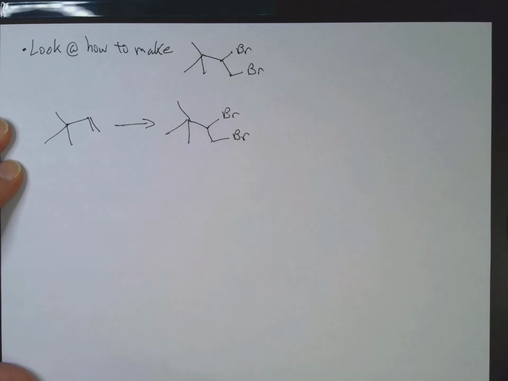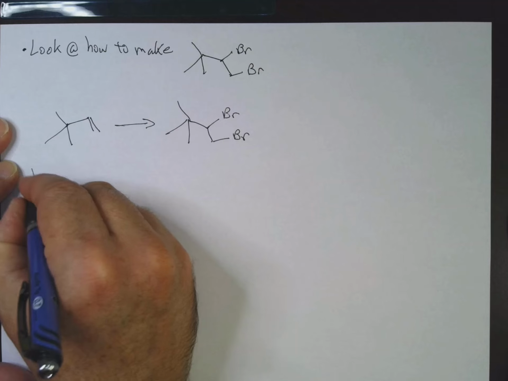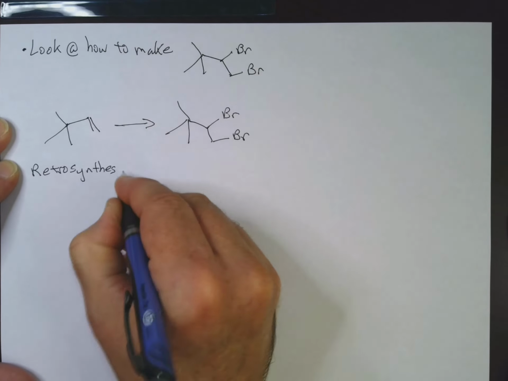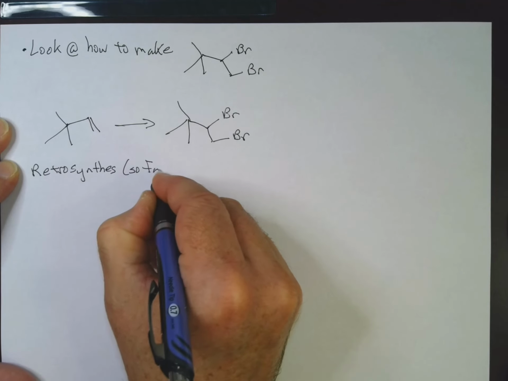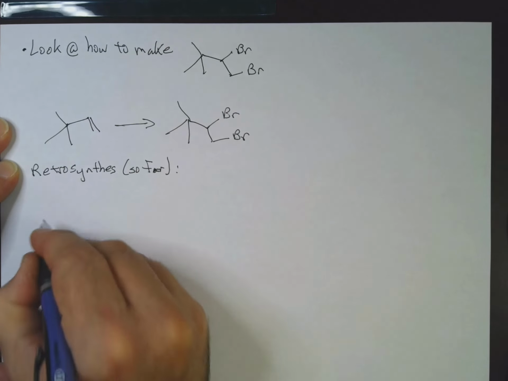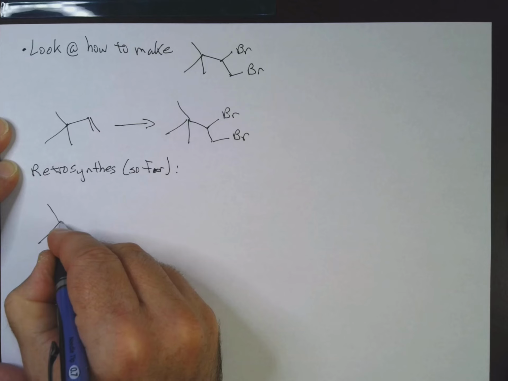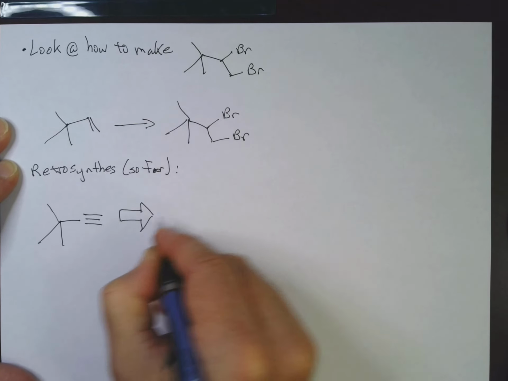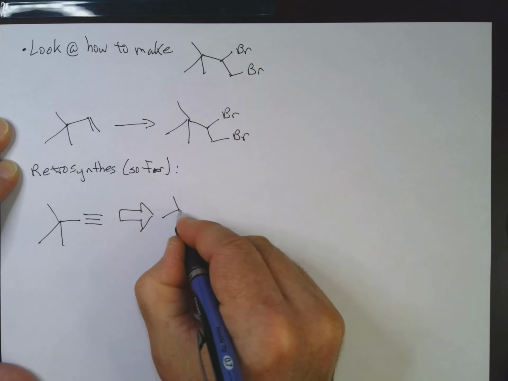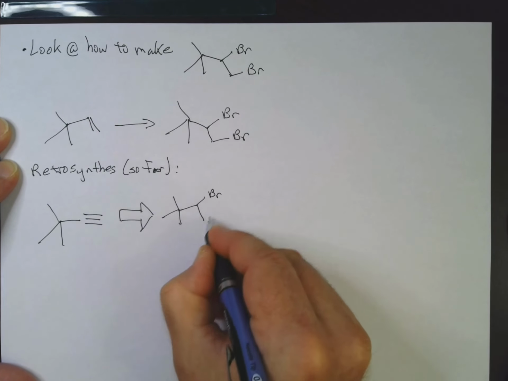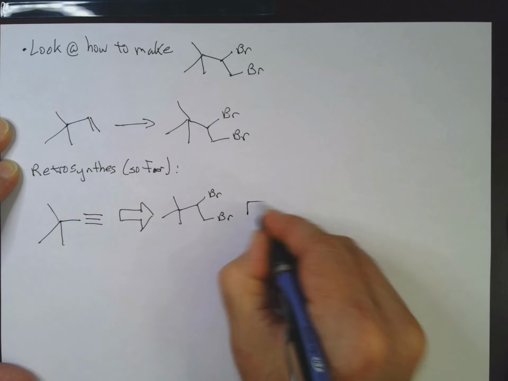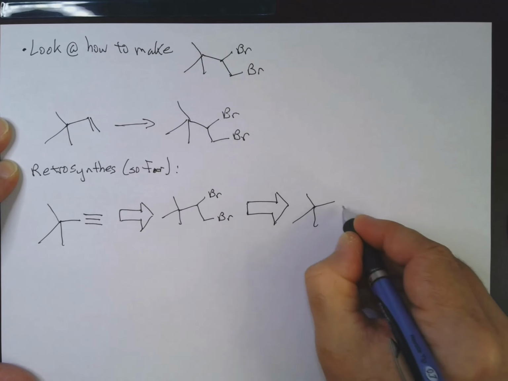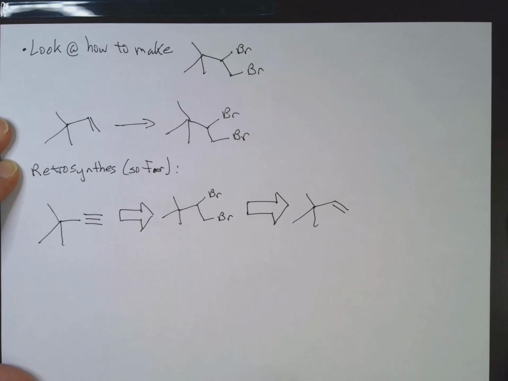So we can go ahead then, and now our retrosynthesis so far is going to be, we make the alkyne from the dibromide, and we make the dibromide from the alkene.